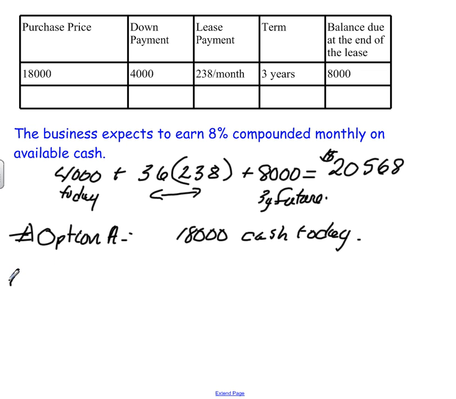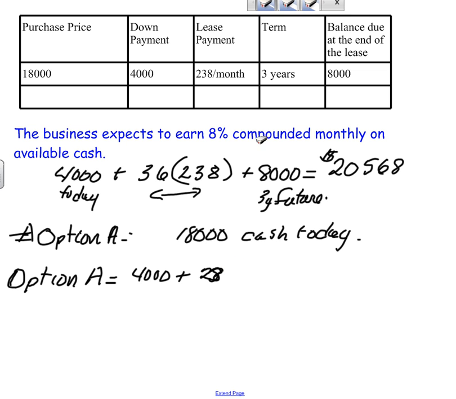Option B, we're going to have to find the today's value of the money that's involved in this transaction. $4,000 is today, so it doesn't have to be discounted or moved back to today. But the today's value of $238 a month over 3 years at 8% compounded monthly would be finding the present value of all of those 36 payments.